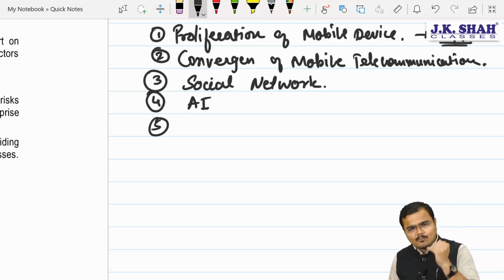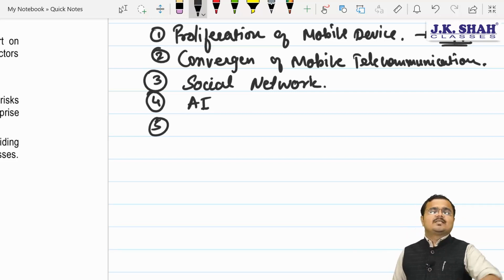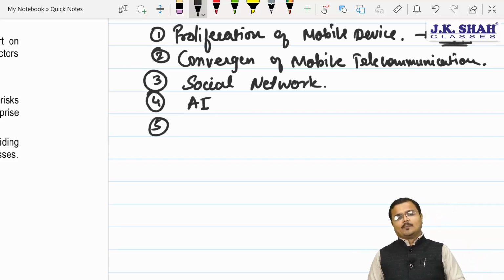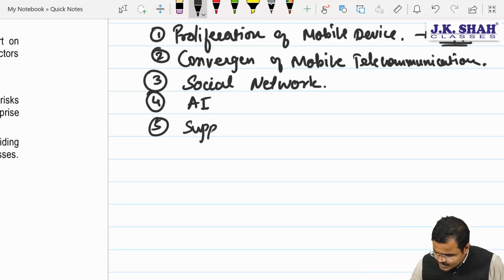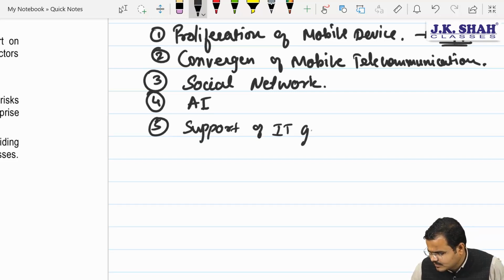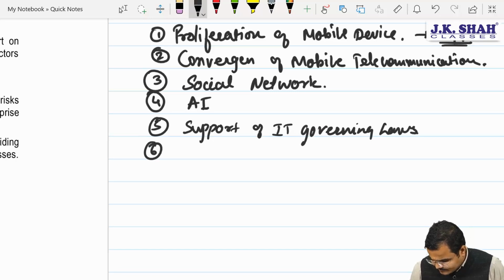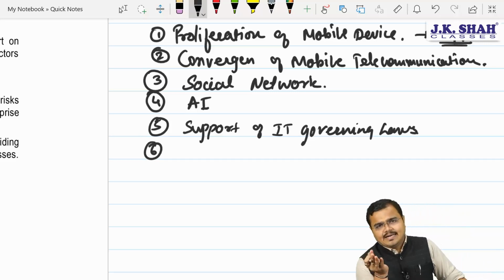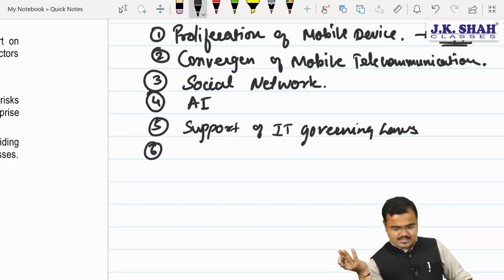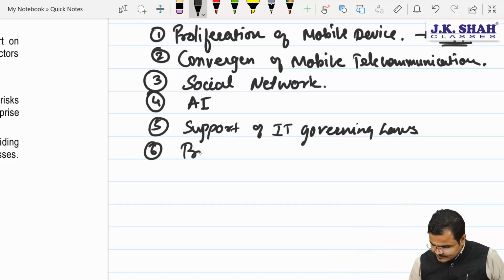Government is making more proper, perfect laws, which give a proper boost to the e-commerce business, and that is called support of IT governing laws. Agree? Yes, sir. We have the IT Act, the amendment to IT Act 2000, the amendment of 2008 also covered. Yes, sir. And last but not the least, chartered, it's predictive analysis.